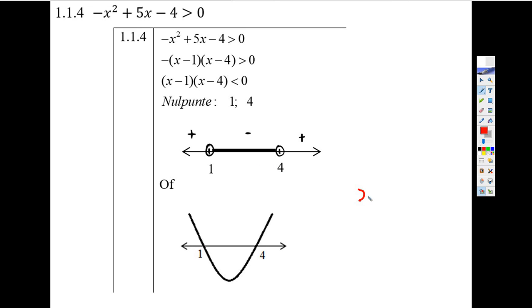So you go x, like that, is less than 4, but it's greater than 1. That's your solution set you have to write down. You've kind of got it graphically described here, but that's the way you have to write your final answer, in between 1 and 4. You can use interval notation.